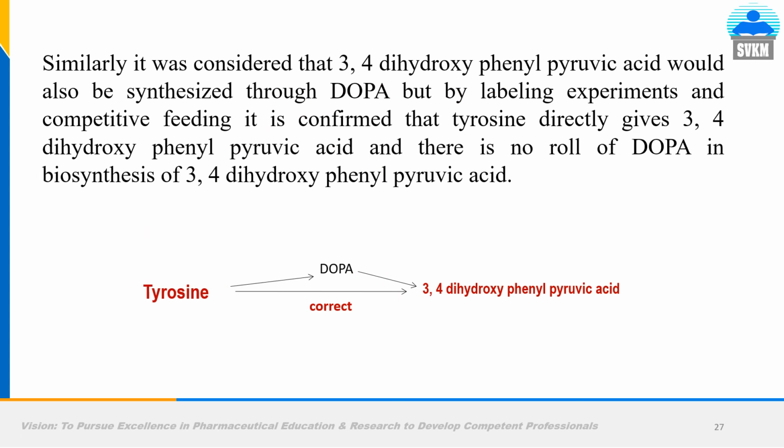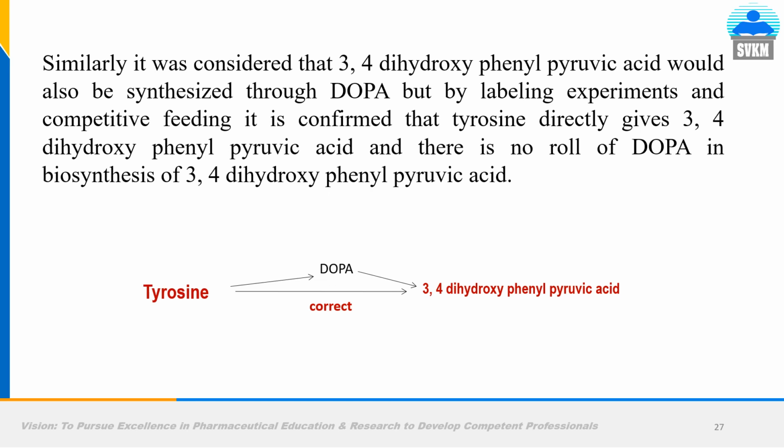The example is tyrosine giving 3,4-dihydroxyphenyl pyruvic acid. There were two assumptions initially: that tyrosine can directly give 3,4-dihydroxyphenyl pyruvic acid, or tyrosine will become dopa and dopa will become 3,4-dihydroxyphenyl pyruvic acid. But by the study in competitive feeding, it has been found that tyrosine directly gives 3,4-dihydroxyphenyl pyruvic acid.